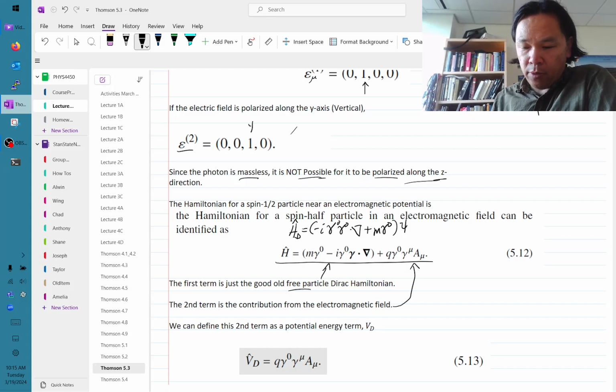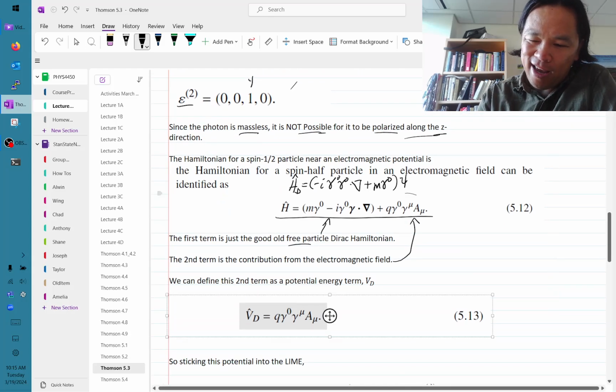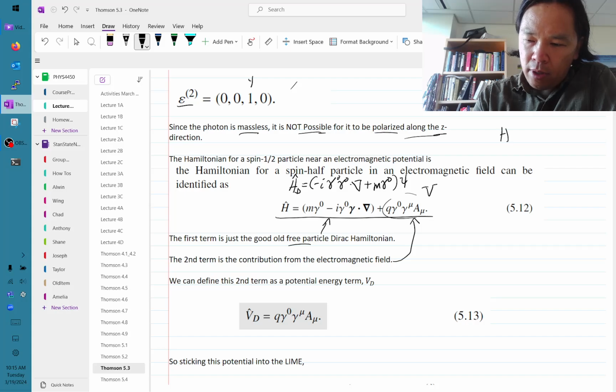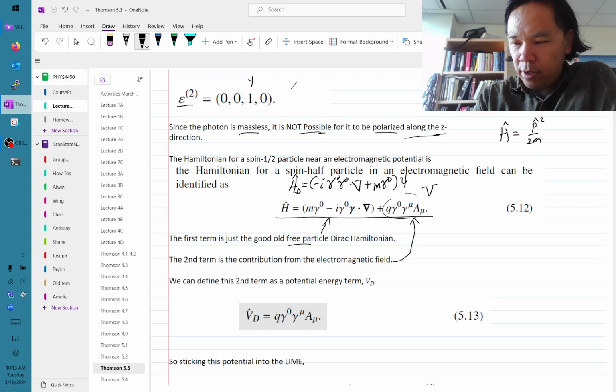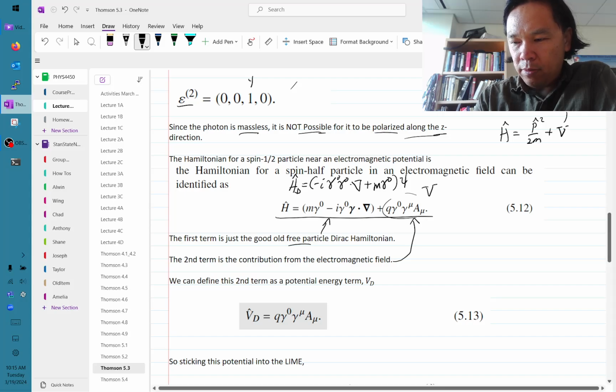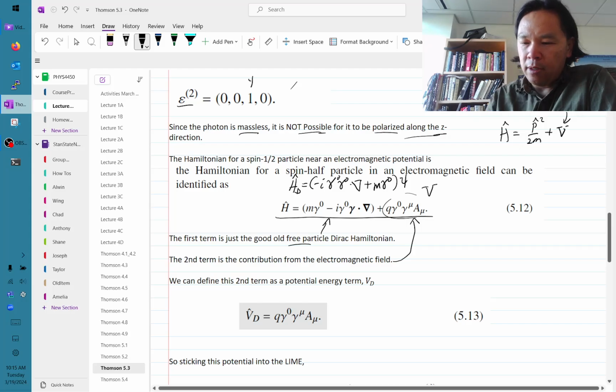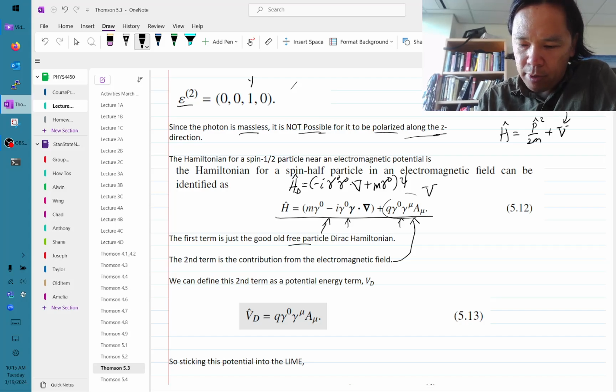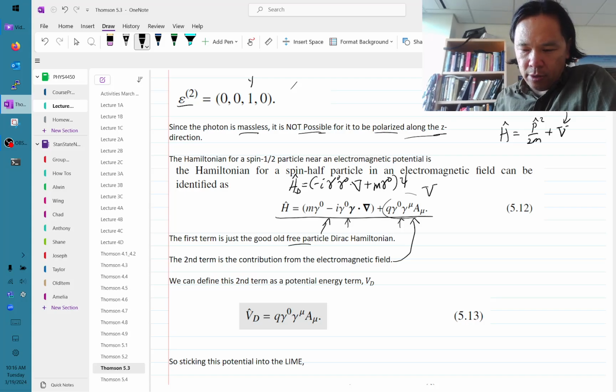And this is the one that we're actually concerned with, because this acts like a potential. Remember when we did the regular non-relativistic Hamiltonian, it's like p squared over 2m, but then you add a potential term to it, which is some sort of potential energy. So since this part acts as this first half, this part acts as the potential. That's the analogy, the connection I want you to make.